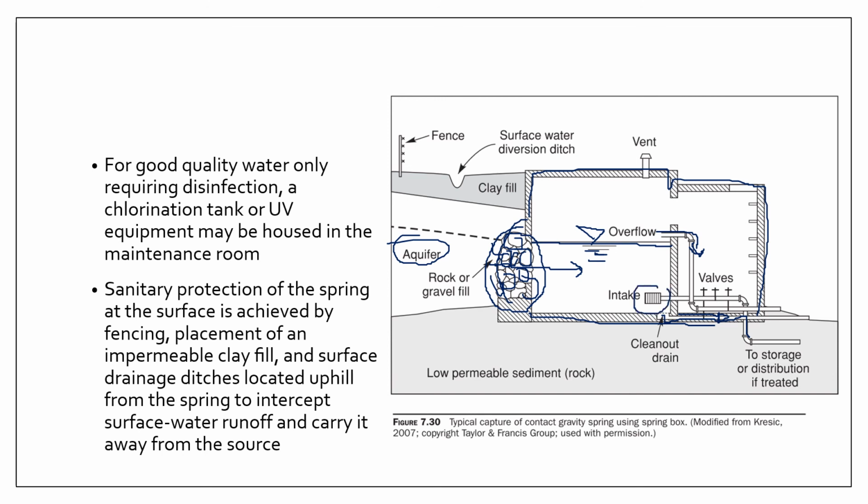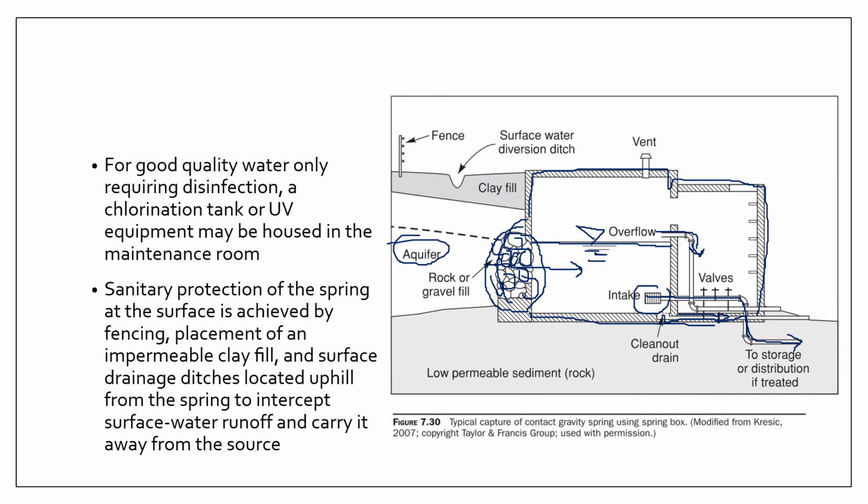And then you also have your water distribution pipe that is connected to your household or your treatment facility. All right. So basically, that is the basic elements of your spring box design.